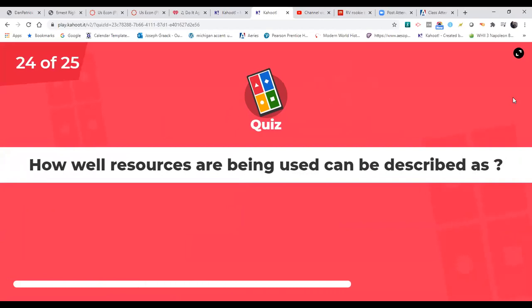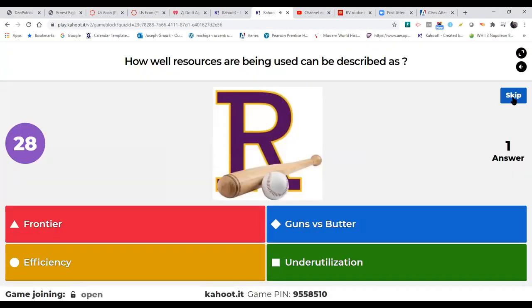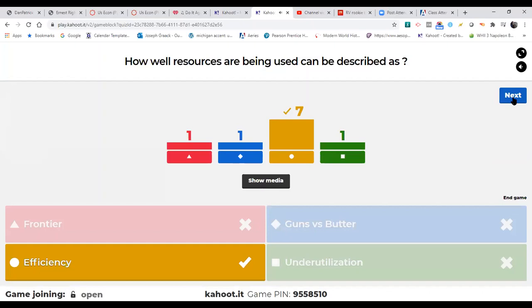How well resources are being used, best described as what? Efficiency.